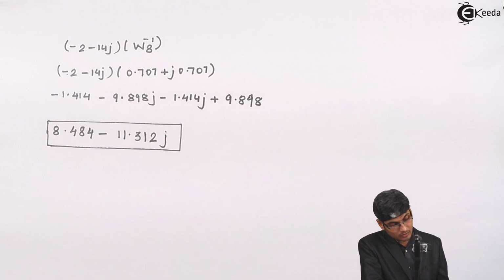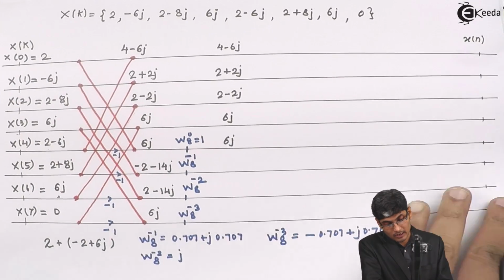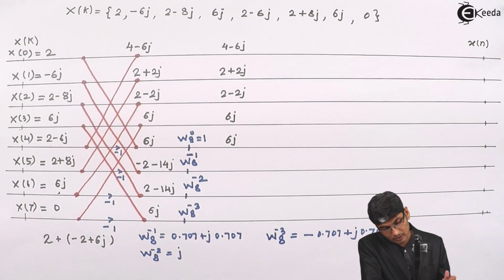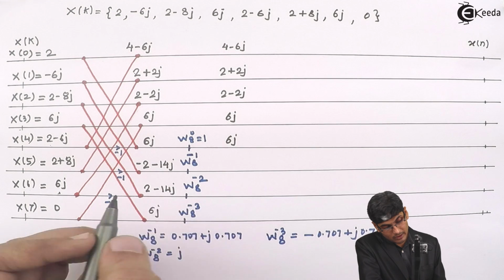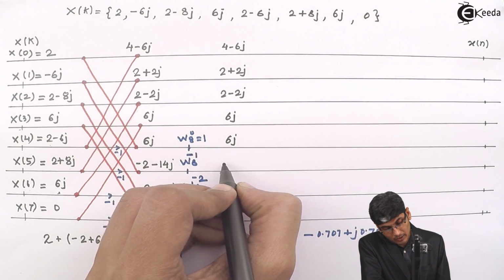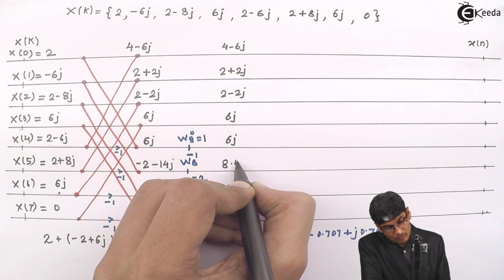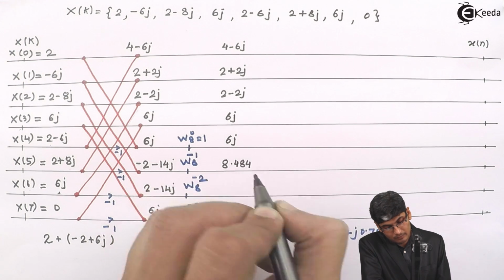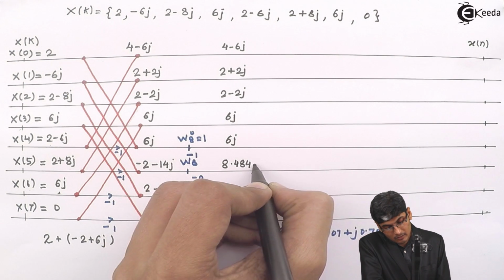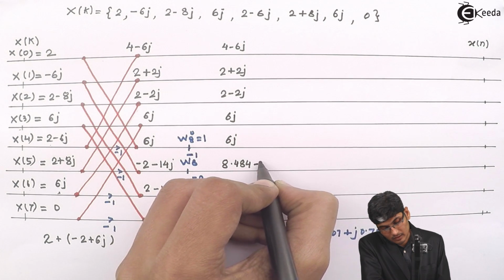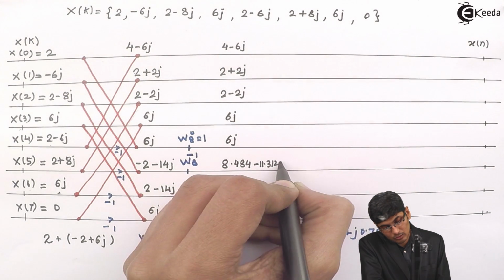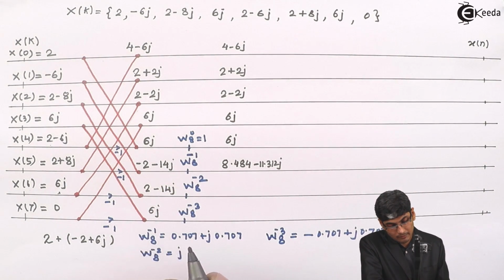In a similar fashion, let us put that value back. So in the value we are going to put W8 raised to minus 1 as 8.484, okay, and I write here minus 11.312j. Okay.